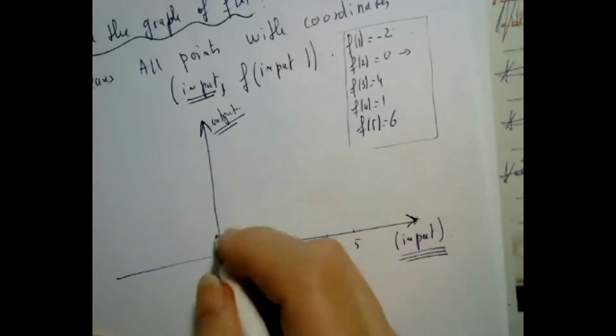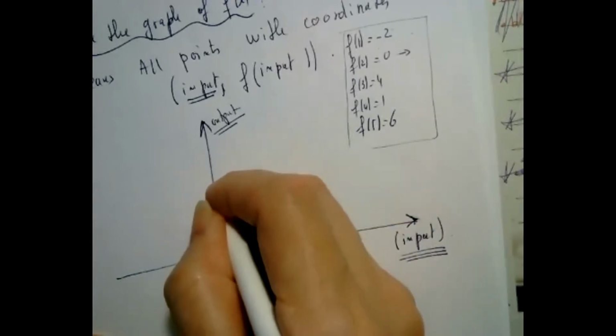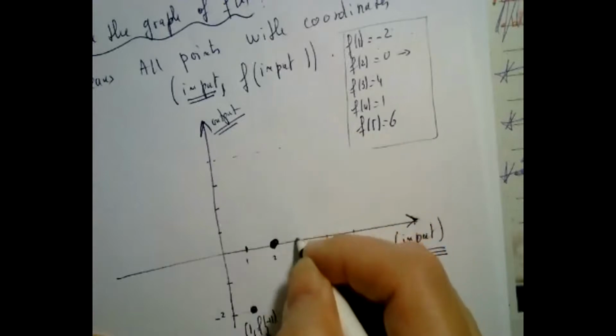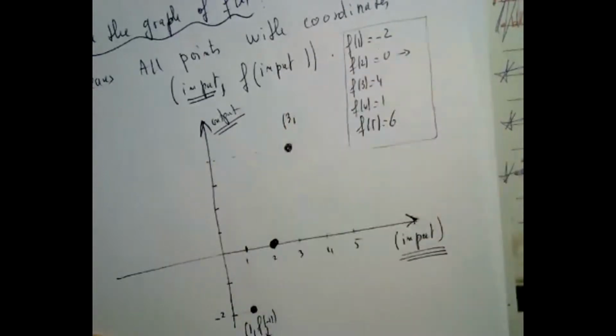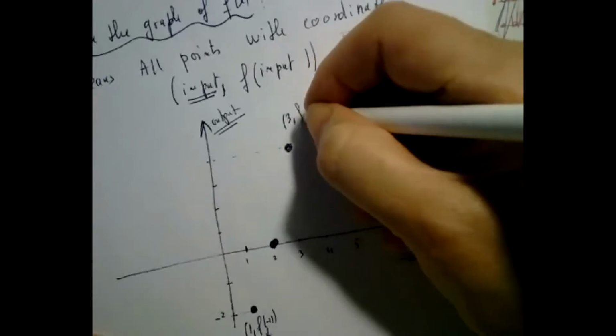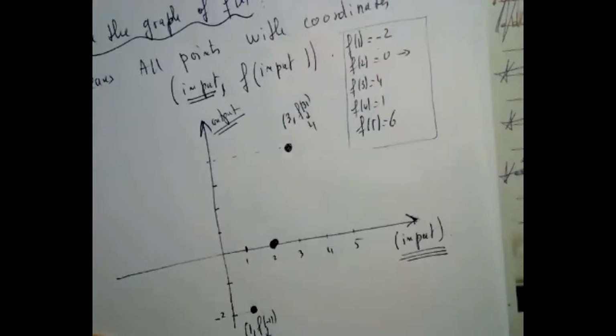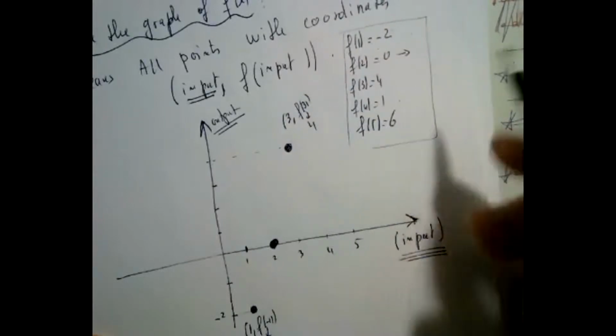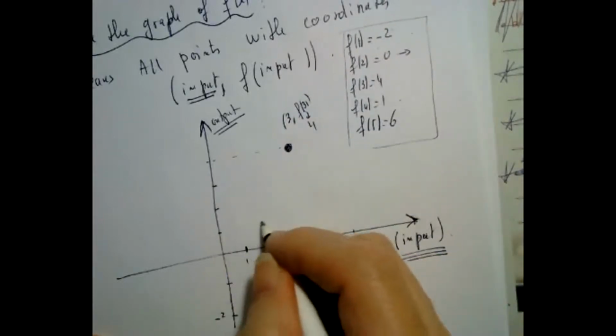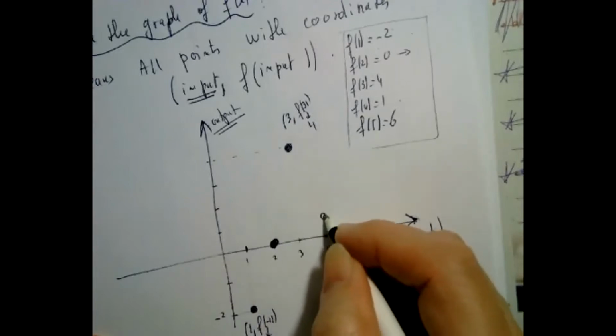So 3 is sent to 4. So 1, 2, 3, 4. That's my point. So this is 3, the input. The output is the value of f of 3, which is 4. Then I keep going. 4, 1. So at 4, my output is 1. This is my graph.